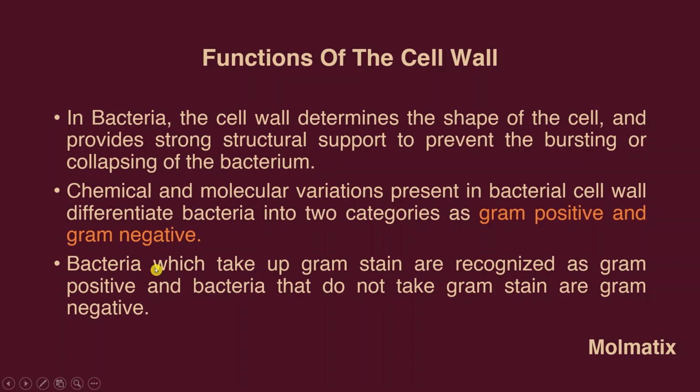The bacterial cells that take up a gram stain are recognized as gram positive, and bacterial cells that do not take gram stain are recognized as gram negative bacterial cells.